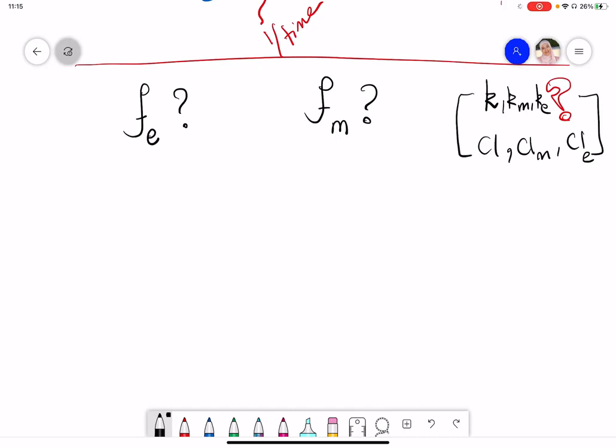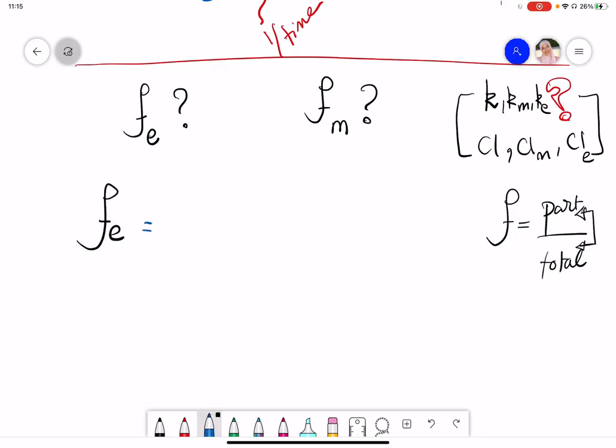Again, if we remember that the fraction in general is part over total, we need to use the related part to the related total, right? We need to have both of them. If we are talking about excretion fraction, I need to use the part that is related to excretion.